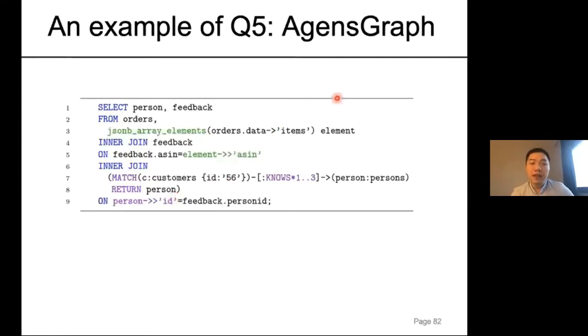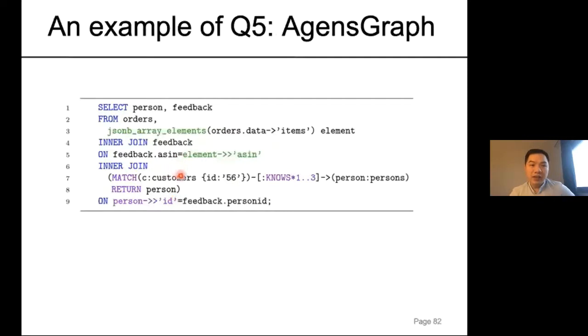And finally, the AgensGraph uses the SQL Cypher syntax. So interestingly, this query is represented by two multimodal inner joins. The first inner join is between the relational table and the items in the array.